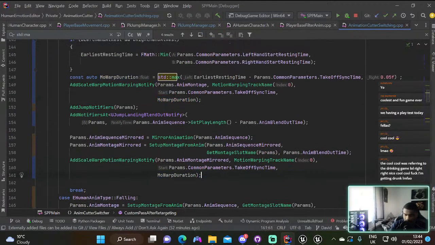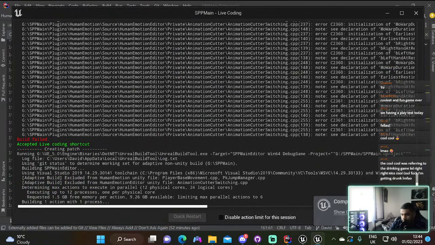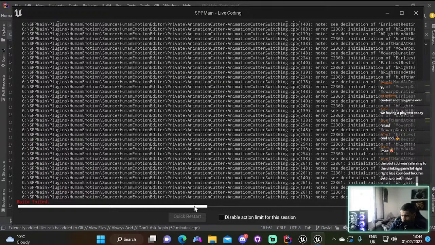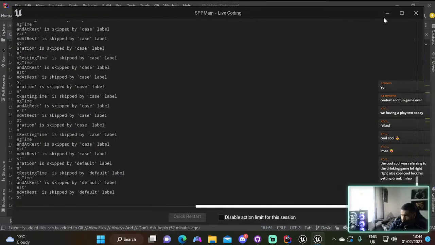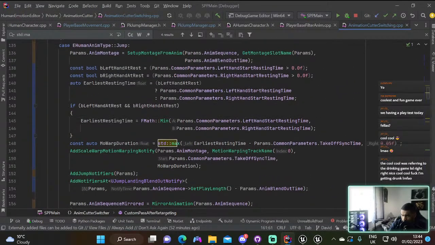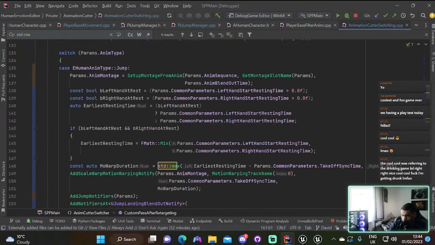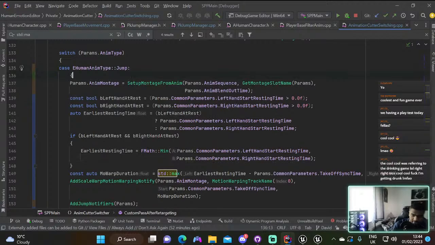Yeah, okay, let's try this. What the hell is that? Is that a warning? Skip by case level. What is that? Oh, I have to give it a scope. Ah, okay.